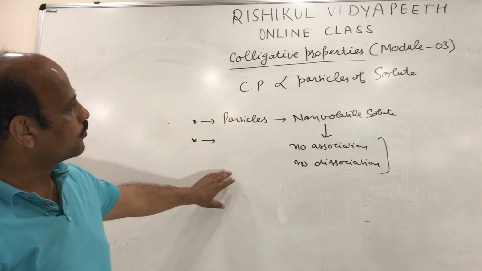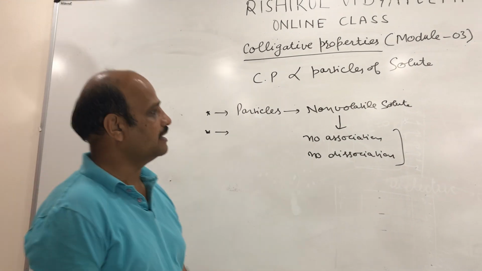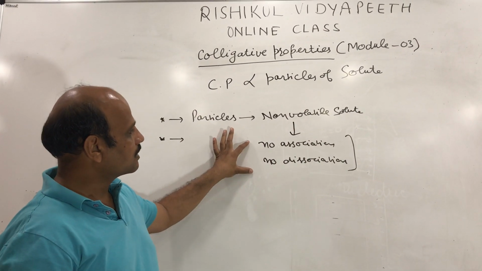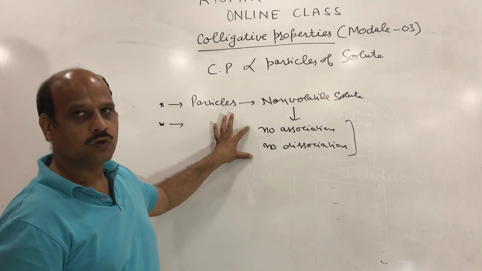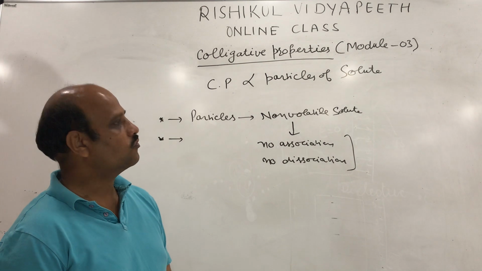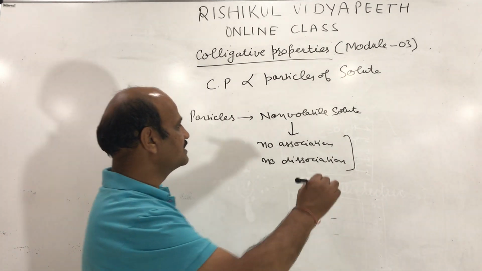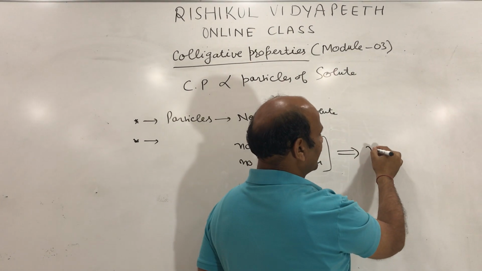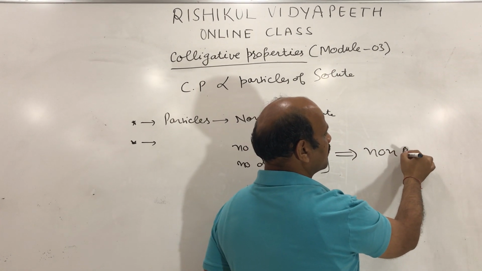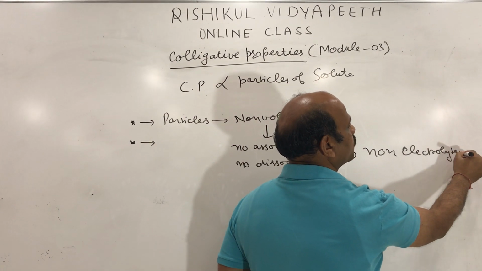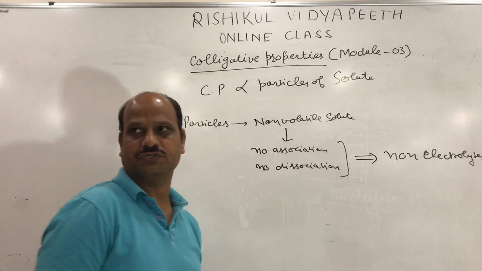In colligative properties, we will take non-volatile solutes which do not undergo association and dissociation. First, we will discuss non-electrolytes, where there is no dissociation or association.